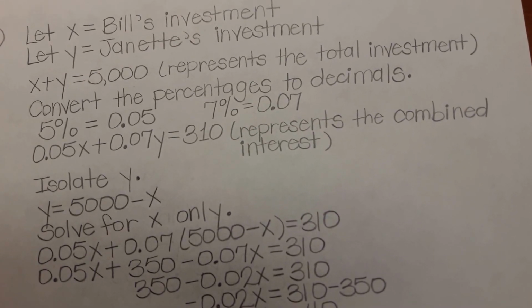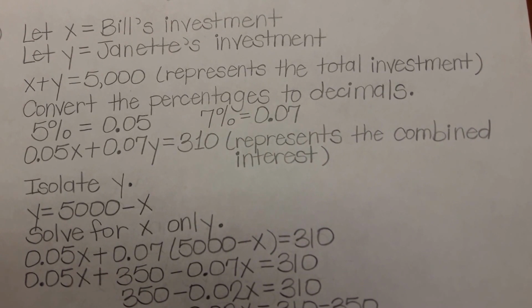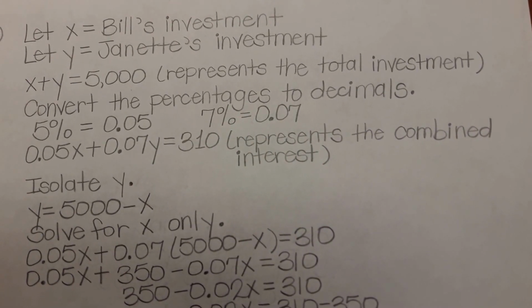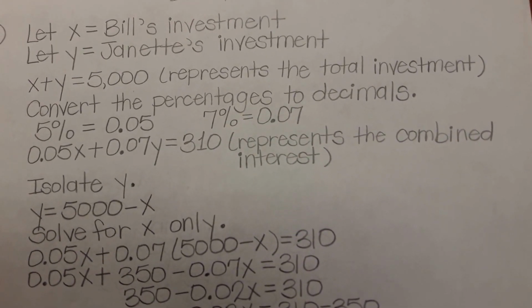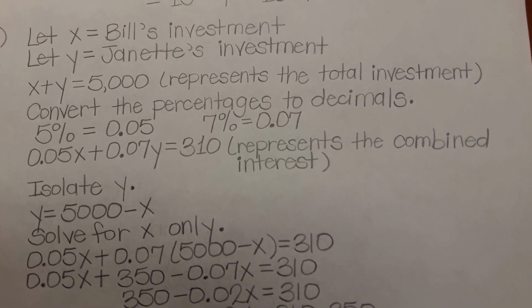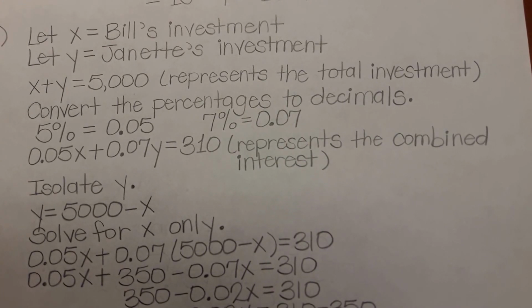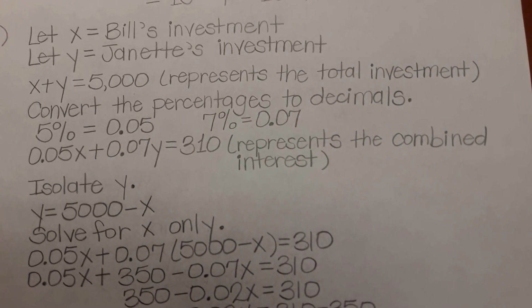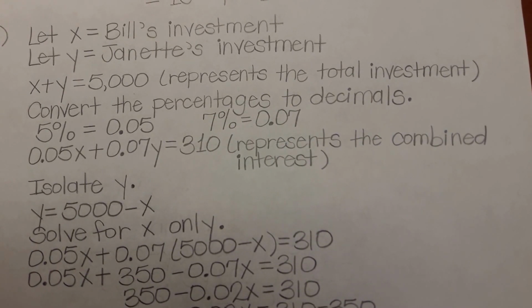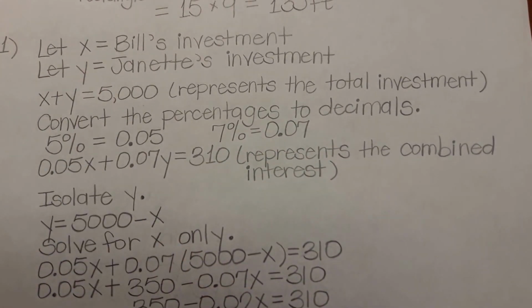If their combined interest was $310 on a total investment of $5,000, how much did Bill invest? If you notice on this problem, we're only interested in what Bill invests, and that's it. Not Jeanette. We're not too concerned about what she invested. We want to only know about Bill's investment for this particular problem. So we only need to figure out what x is.